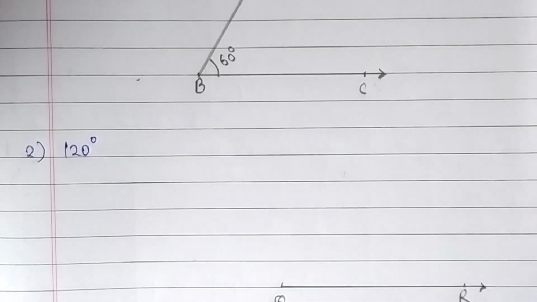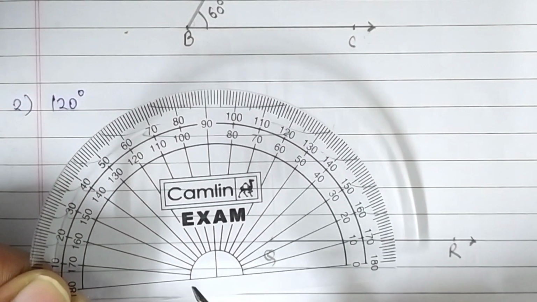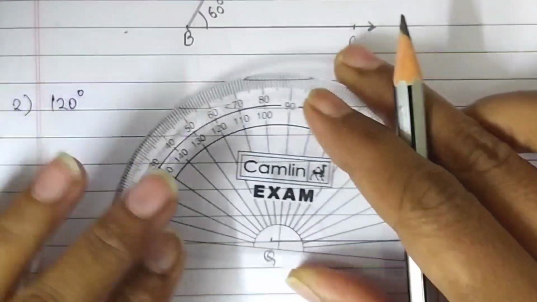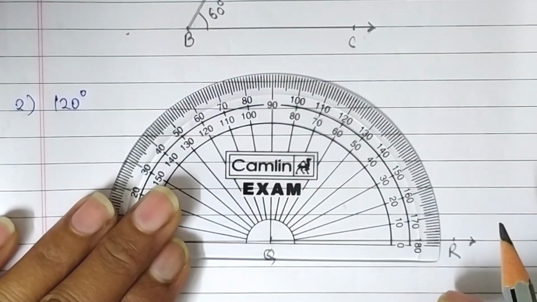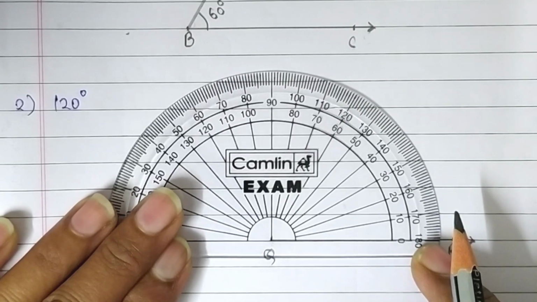I give here QR. Now put the center point of protractor on the vertex, that is Q. Put here a center point. Then match our base arm and baseline of protractor like this.